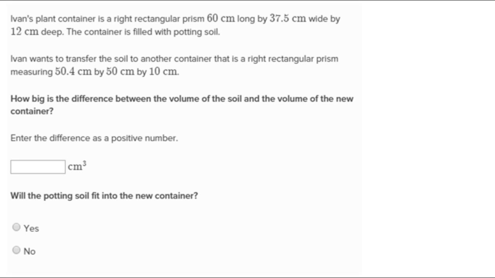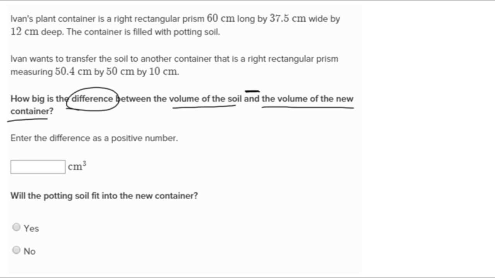Okay, so in this problem, you need to recognize that we're going to find the difference between the volume of the soil and the volume of the new container. Remember, we're going to subtract here. We're going to find the difference in those two values.